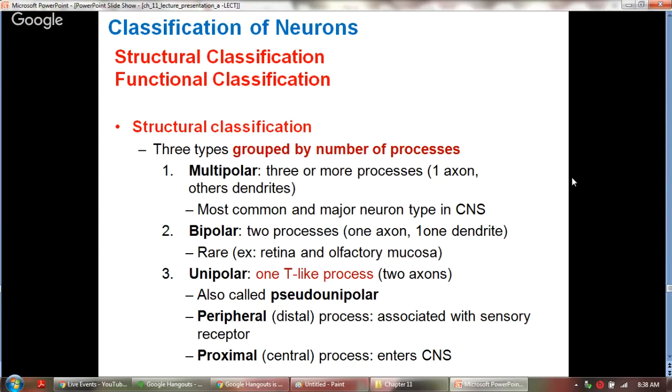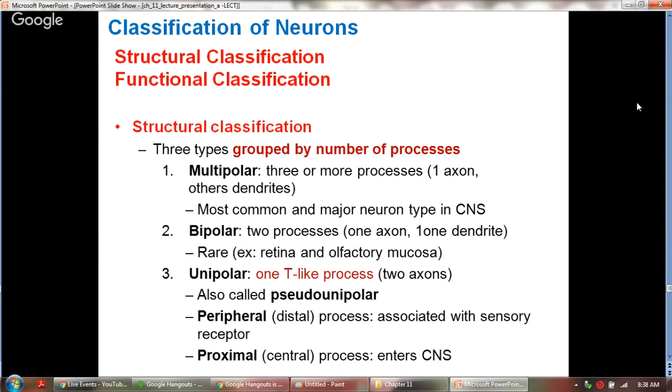Multipolar has three or more processes, one axon, and the others are dendrites, and this is the most common and major neuron type in the central nervous system. The bipolar has two processes, one axon and one dendrite, and it's a rare type. It can be seen in the retina and olfactory mucosa.